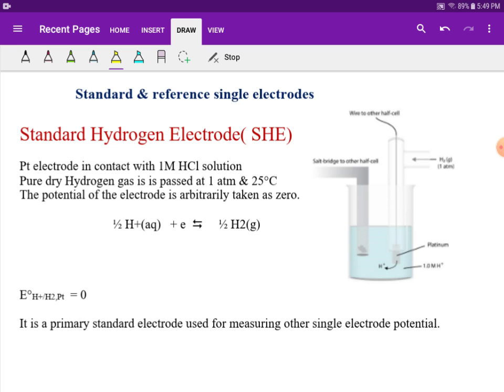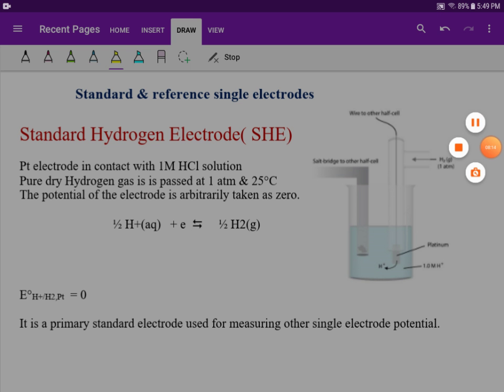Let us consider the standard and reference single electrode. There are different types of single electrode depending on its technical assembly. I wish to mention only very few.